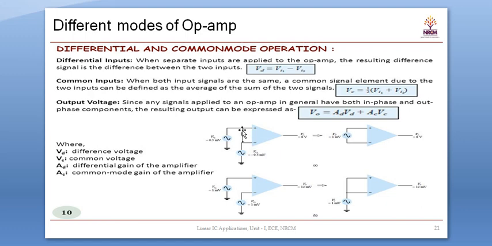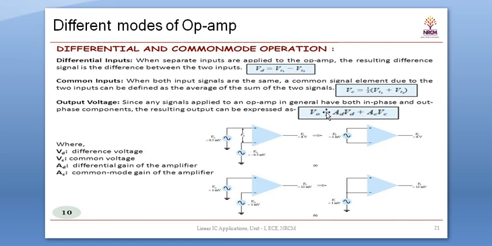This differential input voltage is applied to the op amp, and the output is proportional to the differential input voltage. So V0 is directly proportional to VID or VD. VD is a difference voltage, and VID is also a difference voltage. If I consider it as VD, then V0 is directly proportional to VD.